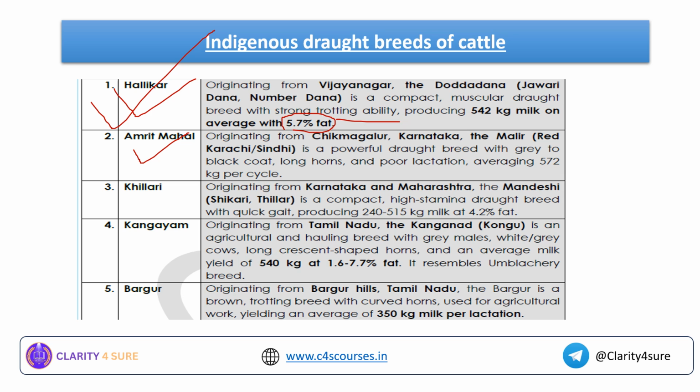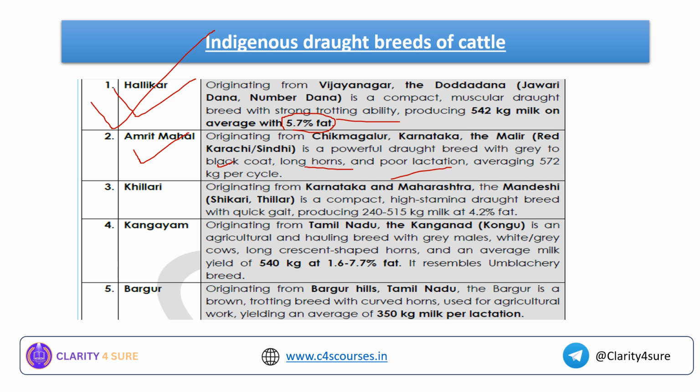What about the appearance of this particular breed? It has a black coat and long horns, but it is a poor lactating animal. The average lactating range is 572 kg per cycle.